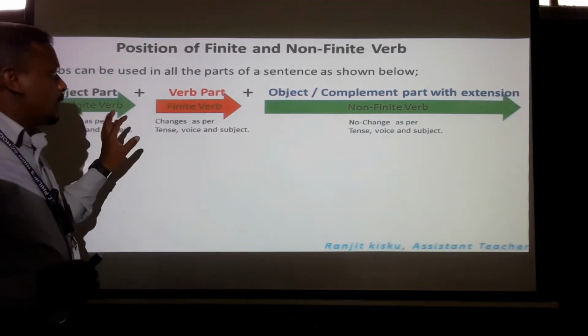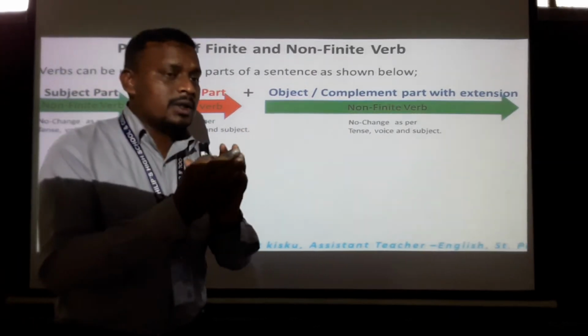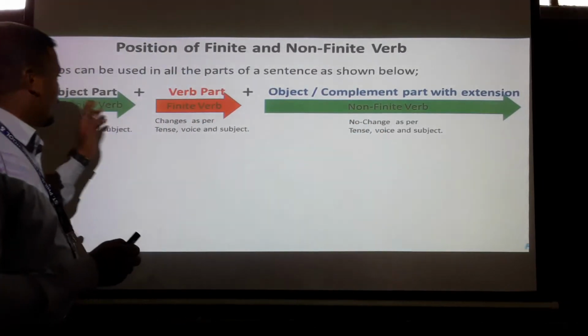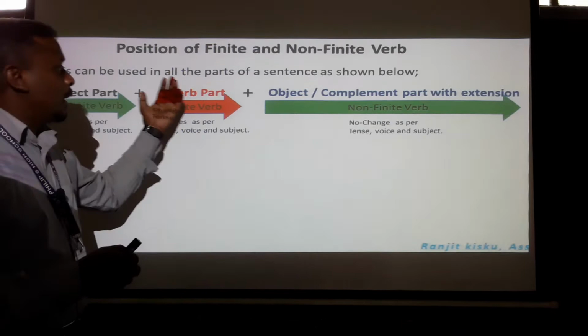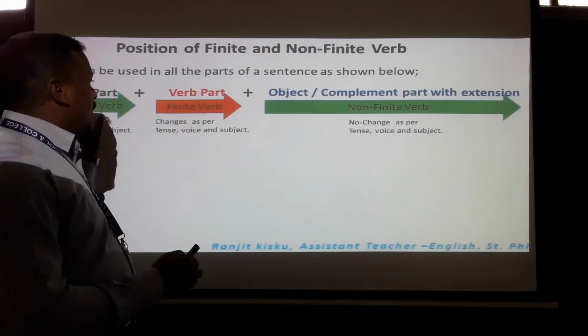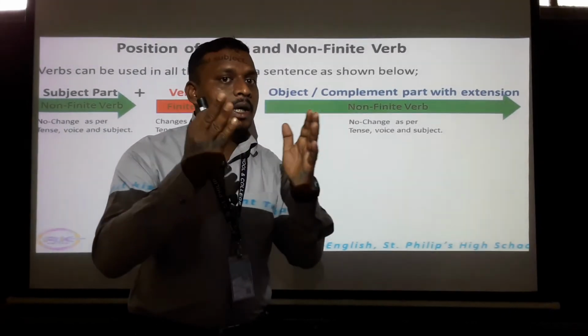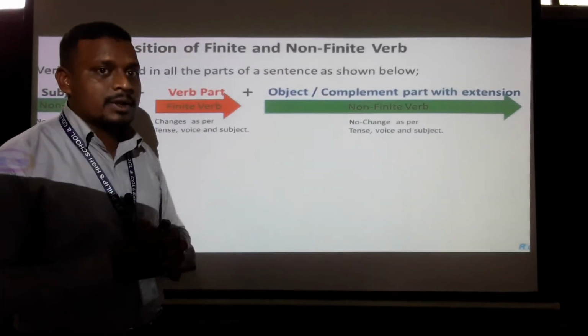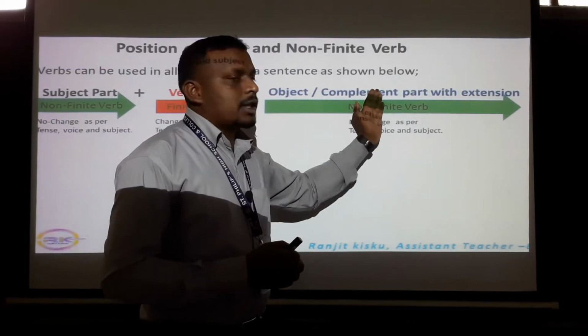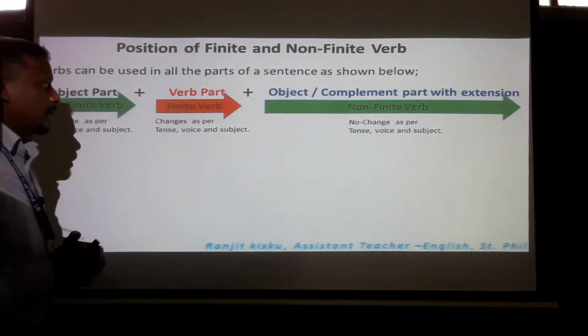So, we understood that verbs can be found in three parts of an English sentence: the subject part, verb part and object part. In the subject and object parts, we get non-finite verbs, and we will see the changes of non-finite verbs in the subject and object part. Got it?